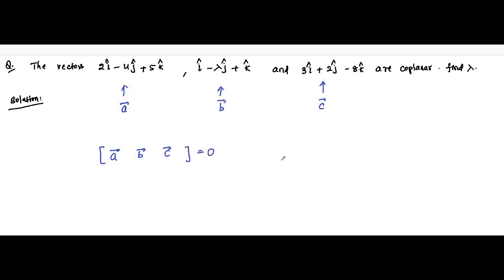So in determinant form it becomes 2 minus 4 5, 1 minus lambda 1, 3 2 minus 8, equal to 0.